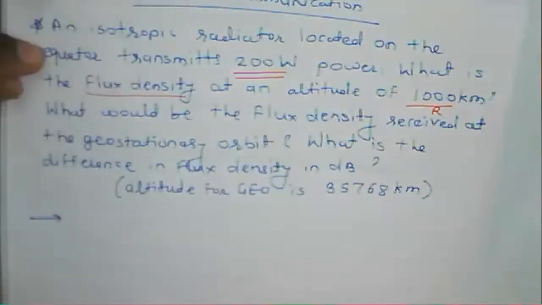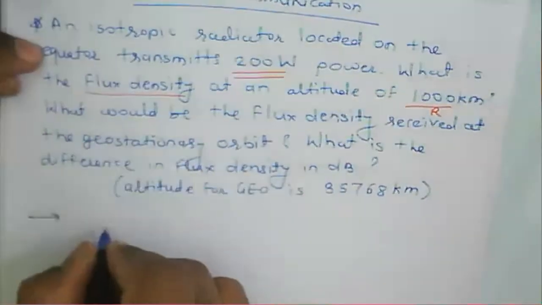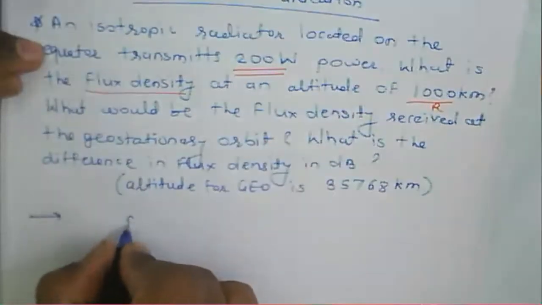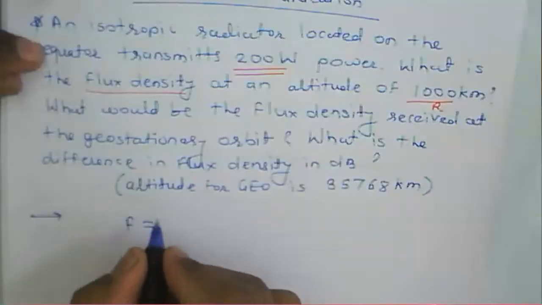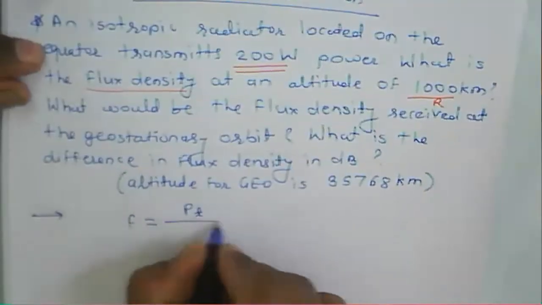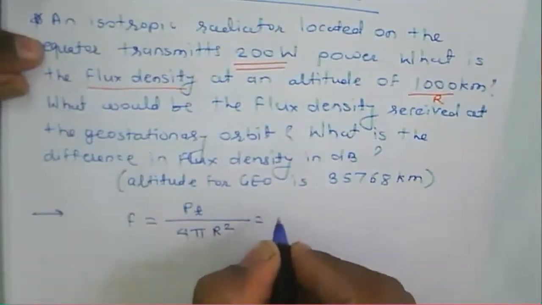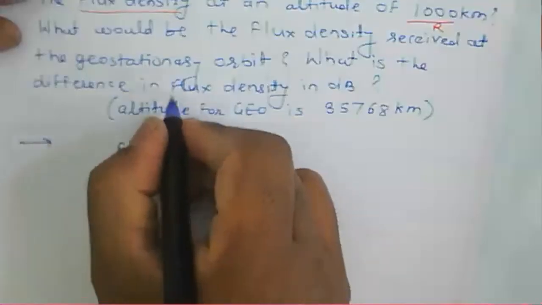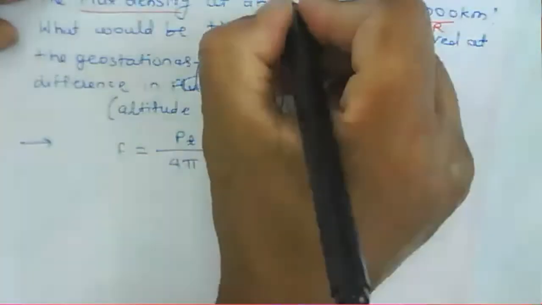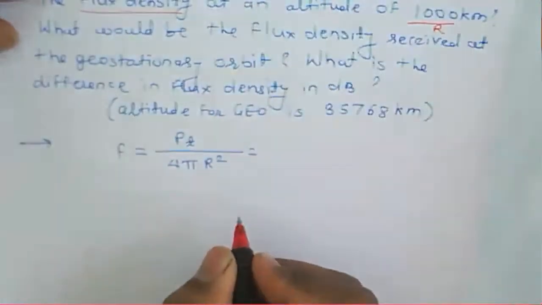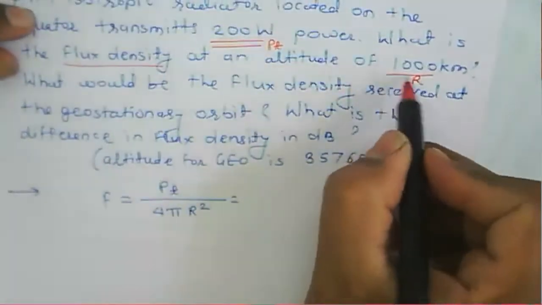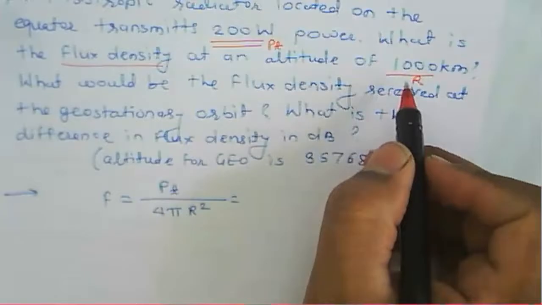So if you consider the flux density at an altitude, F becomes the transmitted power divided by 4 pi R square. PT is the transmitted power, about 200 watt, and the altitude is 1000 kilometer.